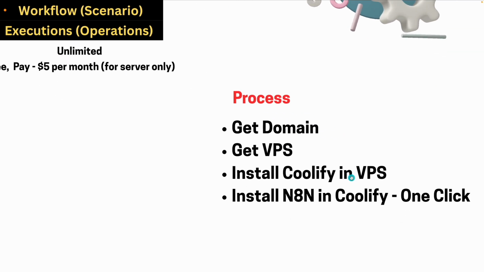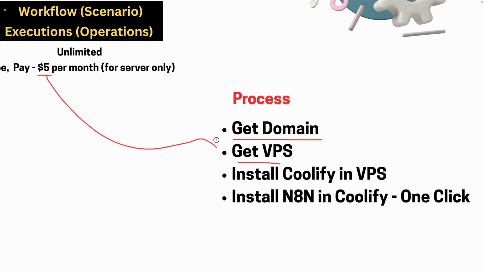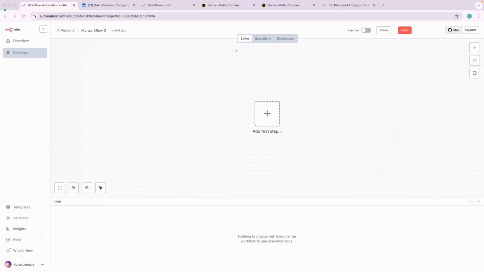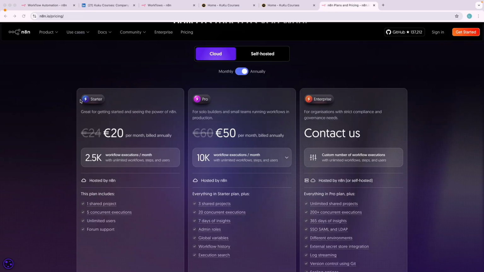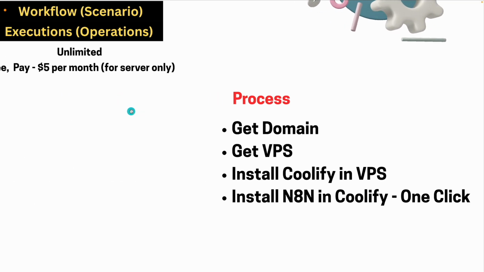The process is very simple. All you need to do is get a domain, very cheap, and the VPS will cost you just $5 per month. After all, you need to make a payment whether you use the official cloud version or self-host.